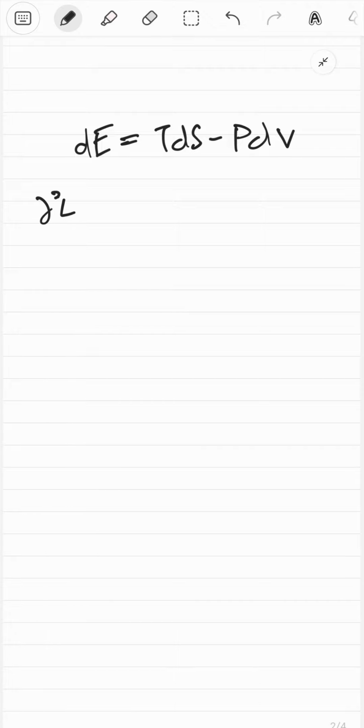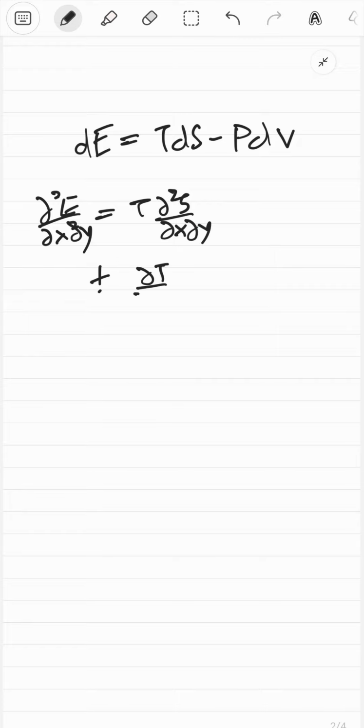So partial square E upon partial x square, that's just a bunch of terms. We just have T partial square S by partial x partial y.